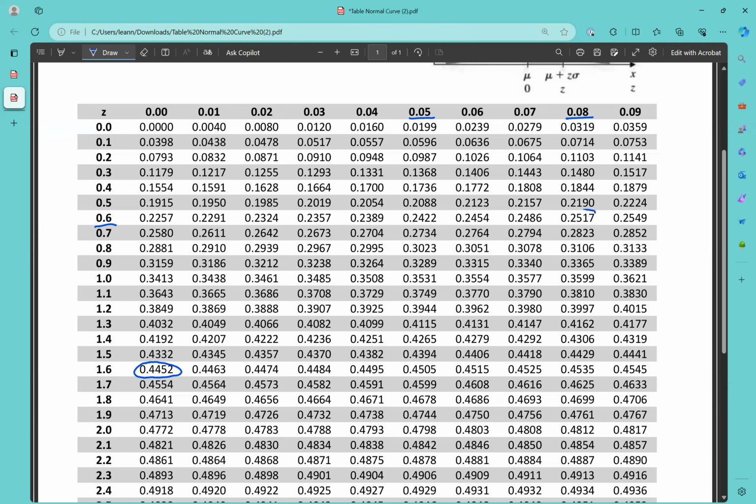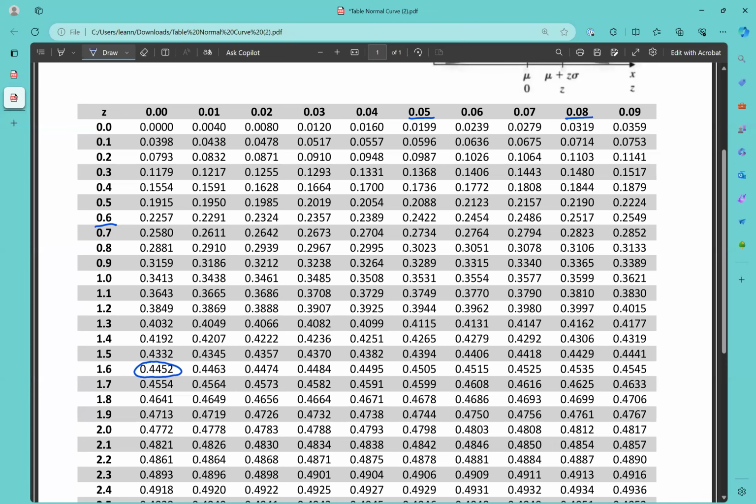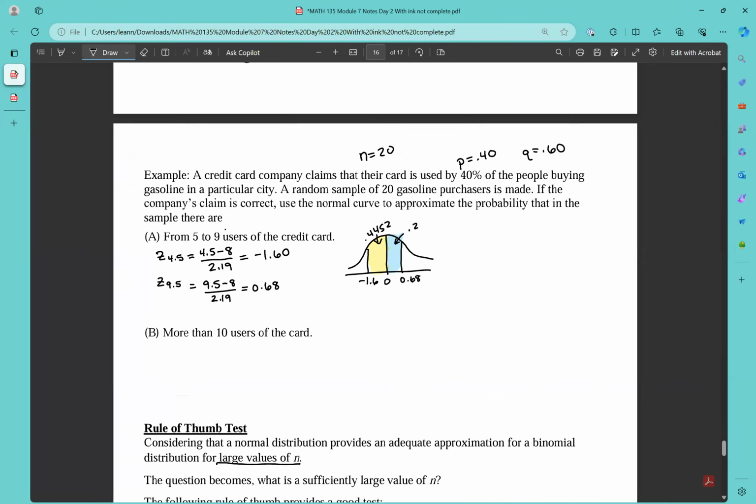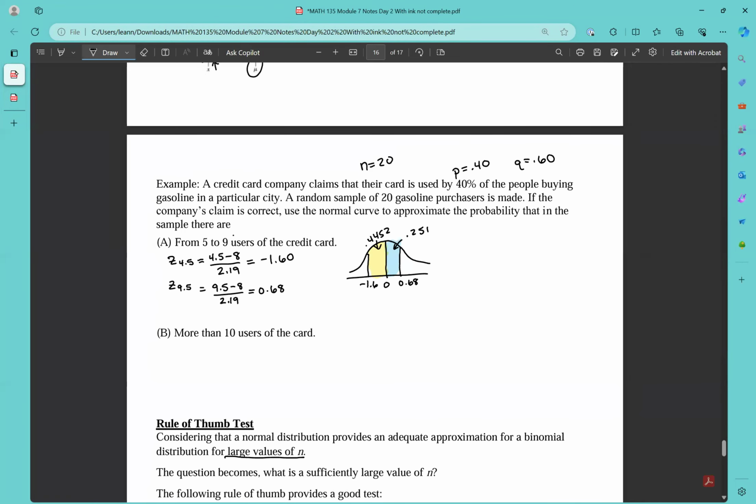If we follow that over, that's going to be 0.2517. To get the area between both sides, we add that together. 0.4452 plus 0.2517 is 0.6969. So there's that probability.